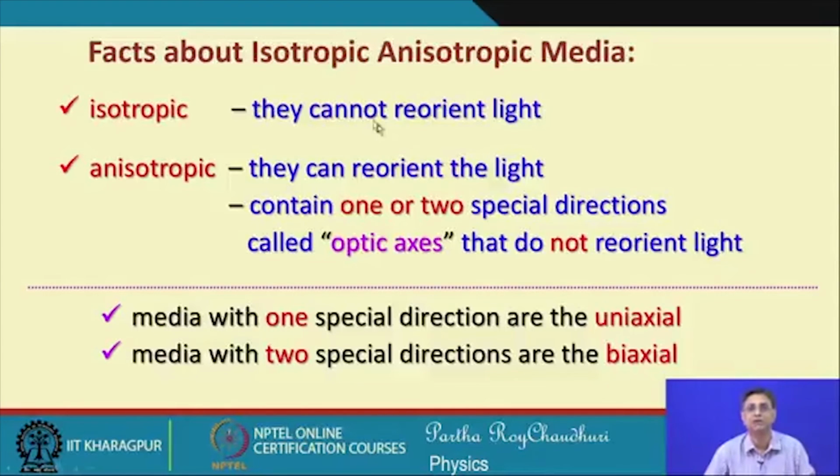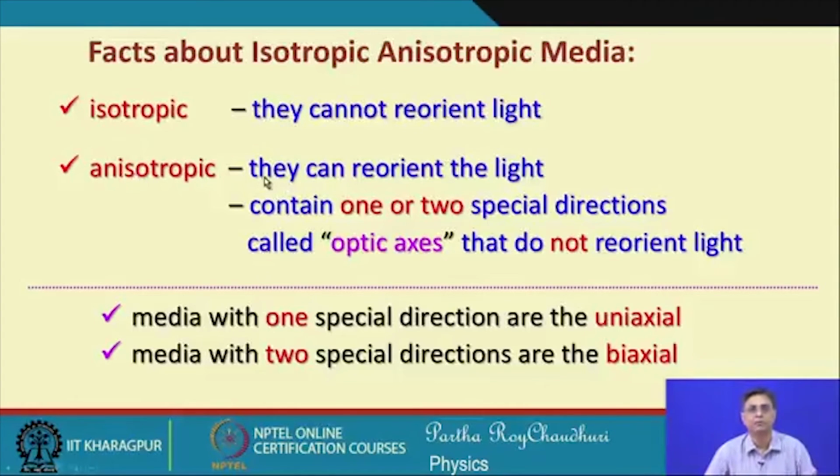The direction of propagation will not be influenced by the medium, whereas the situation is different for an anisotropic medium, and this property will be extensively used in the case of various modulators and devices, which we will be discussing in the later part of this course.